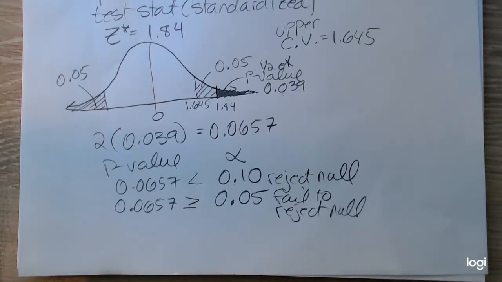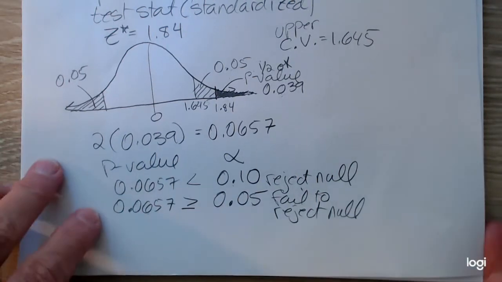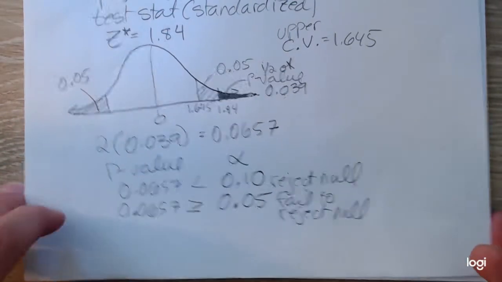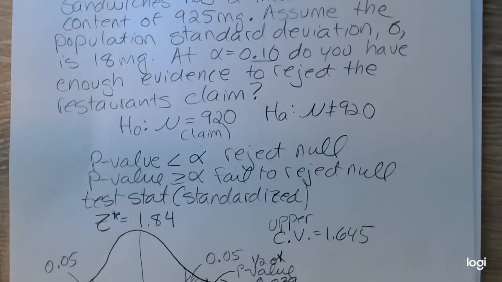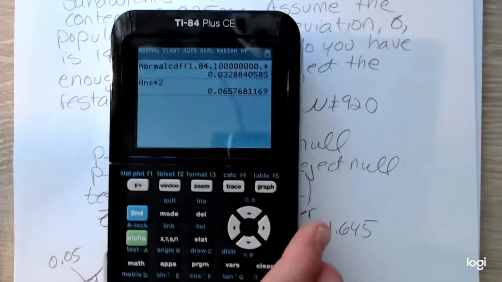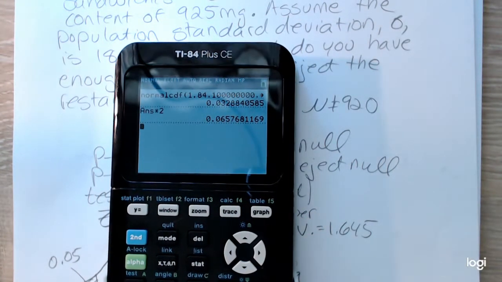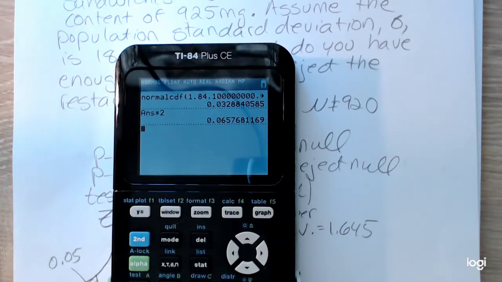Now, to get the p-value directly using your calculator, if you don't want to mess with all of this doubling, breaking alpha in half and doubling it to get the p-value, your technology, specifically your calculator, will give you the p-value correctly if you tell it that it's a two-tailed test.